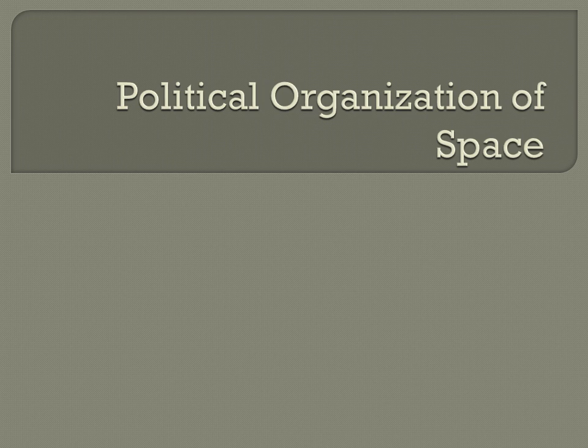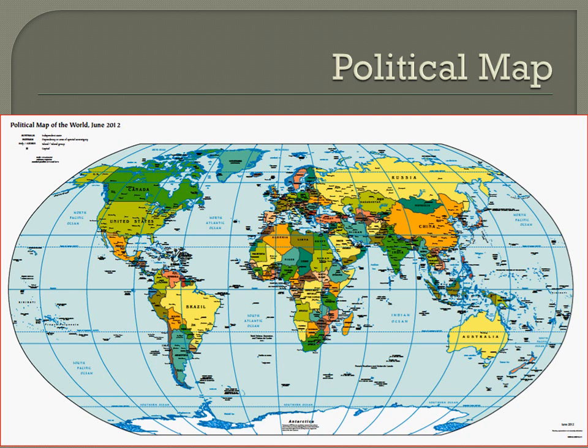So let's get started. I want to start out with just an image of the modern political map because it's really important. Some AP Human Geography teachers will have their students memorize every single country in the world. I don't know that that's necessary for us. We do a lot of practice with place name geography through video case studies, top 10s, different things like that.